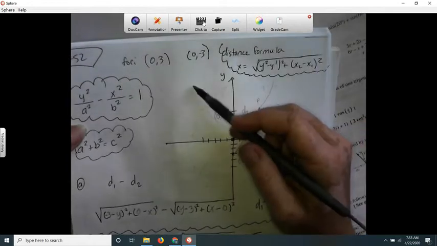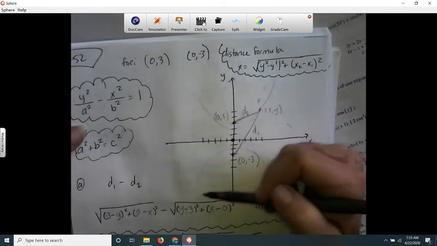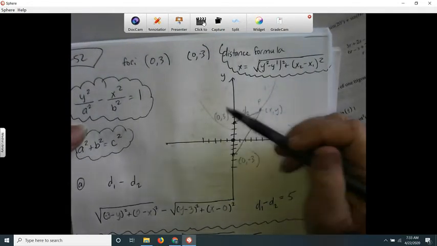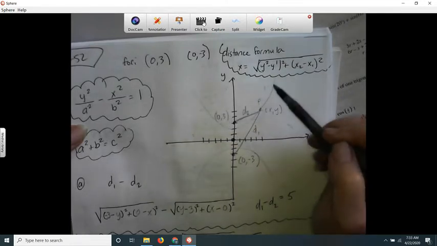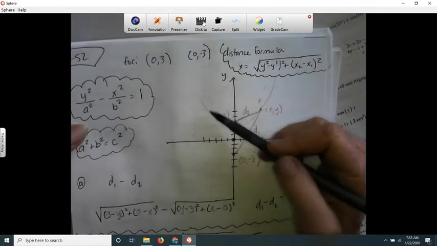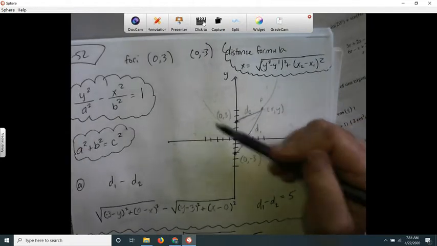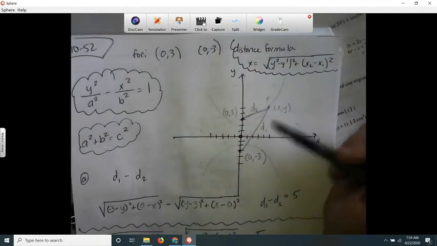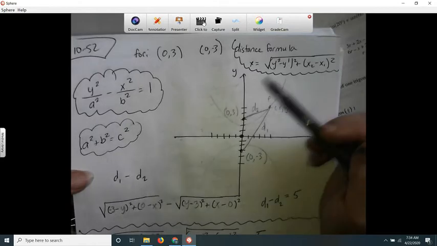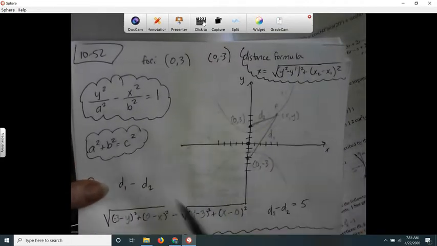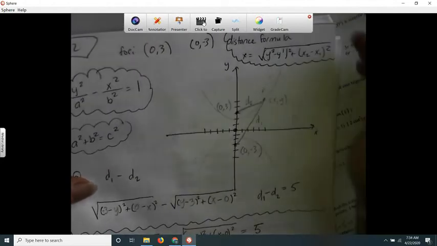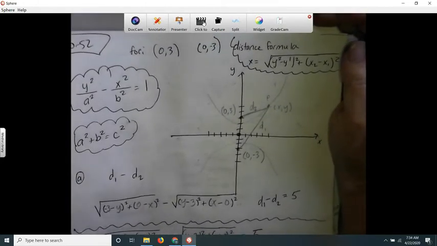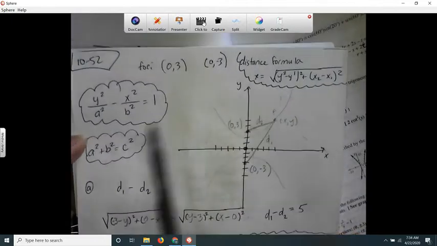You can sketch a fake hyperbola that's not really accurate, but has the general shape. Then they want you to find what A and B are by doing this derivation. I'm going to try to make it a little more clear this time.